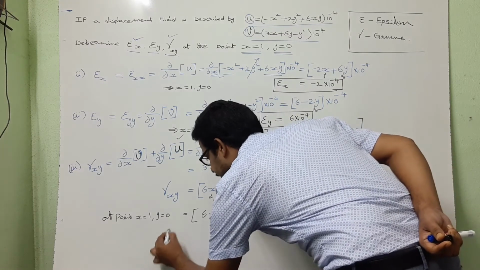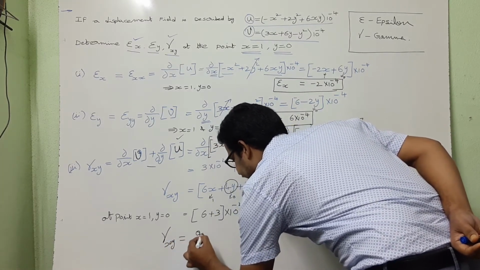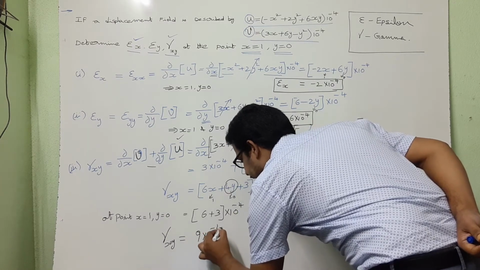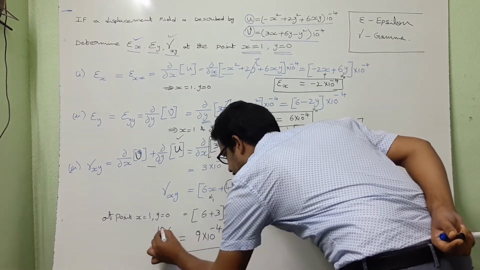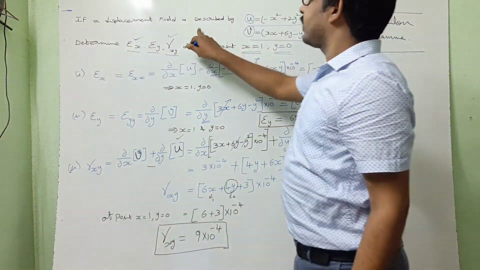Gamma xy is equal to 9 into 10 power minus 4. This is the answer for this problem.